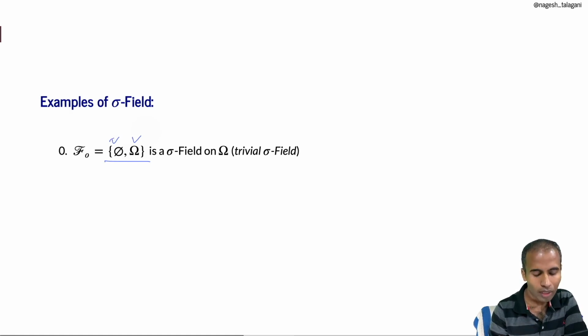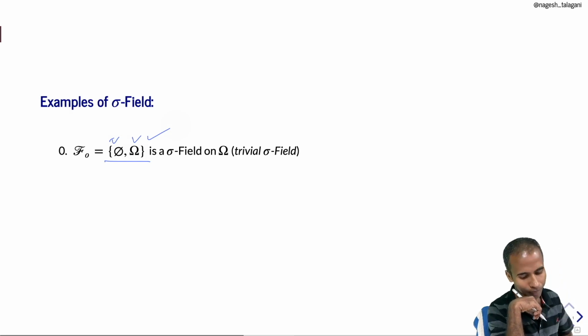Then the complement of the empty set is omega, and the complement of omega is the empty set. Both are sitting in script F naught, and if you take their union, it will also be omega. So conditions 1, 2, 3 are fine. So this is perfectly a sigma field on omega. We call it the trivial sigma field.